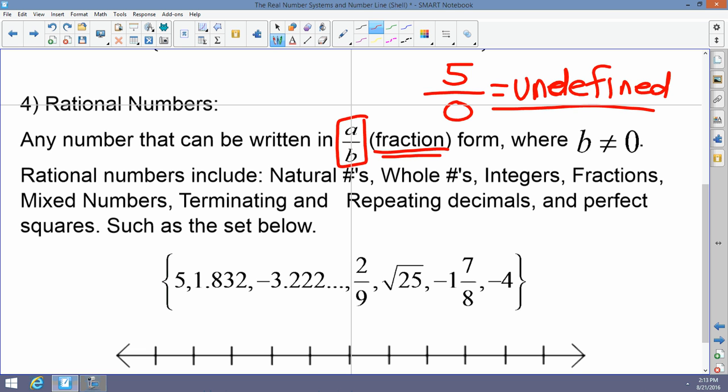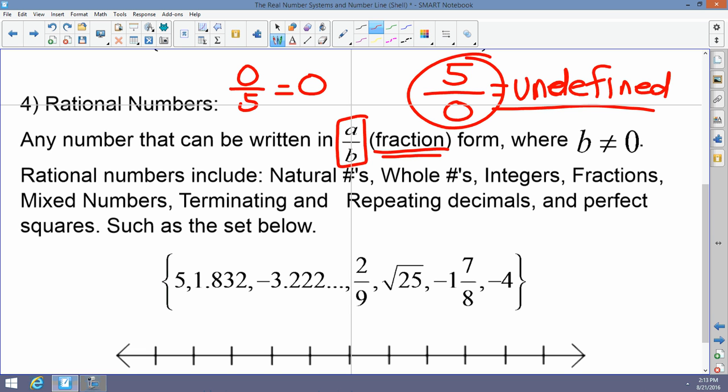It just doesn't exist. 0 divided by 5, yeah, that equals 0. 5 goes into 0 0 times. But 5 divided by 0 is undefined. 0 goes into 5, never. It's impossible. It doesn't go in 0 times because 0 times 0 is 0. So you cannot have a denominator of 0 ever.